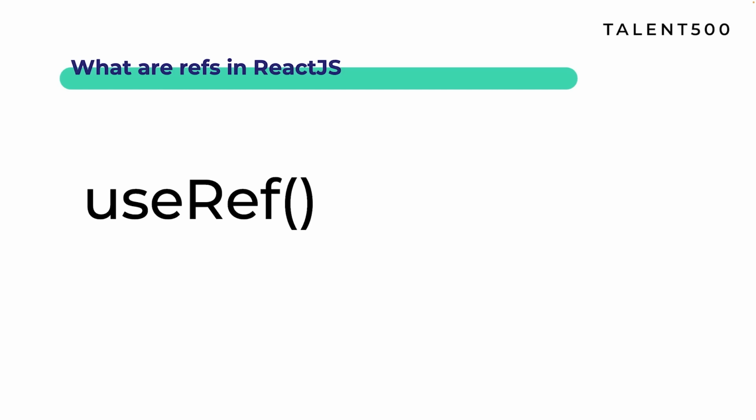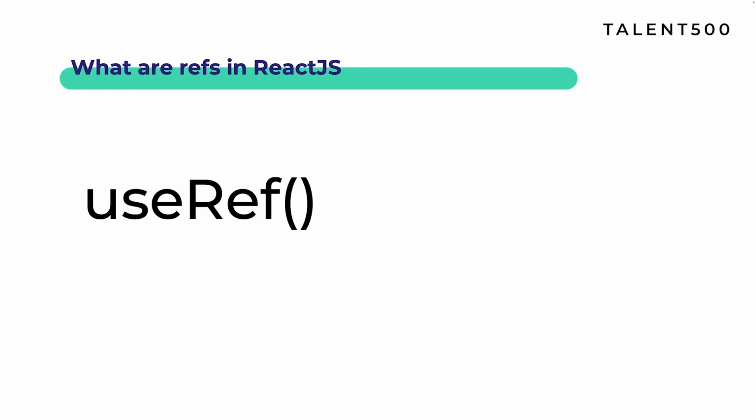Now useRef optionally takes a parameter as an initial value. You may or may not want to pass it, but what it returns is something called a ref, a reference. In the plain JavaScript world, a reference is nothing but a simple object which has a special property called current. So again, to reiterate, useRef is a built-in hook. The purpose of useRef is to persist values between renders, but useRef never causes a re-rendering of a component. useRef may have an optional argument as the initial value, or you may omit it.